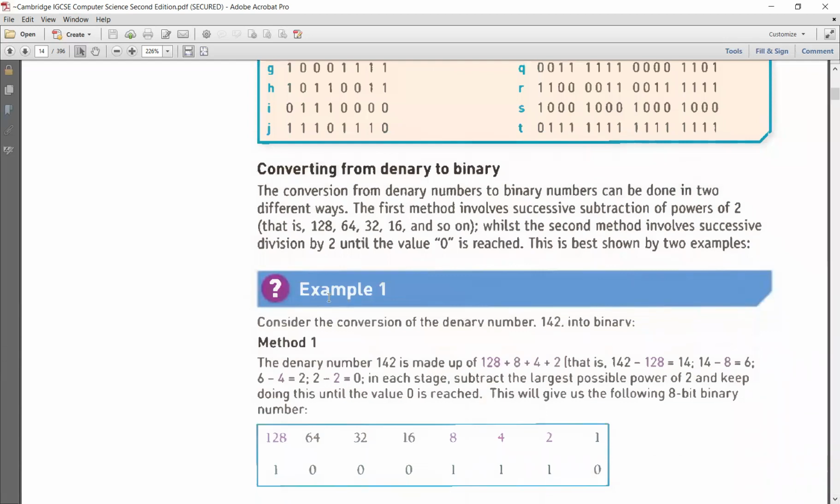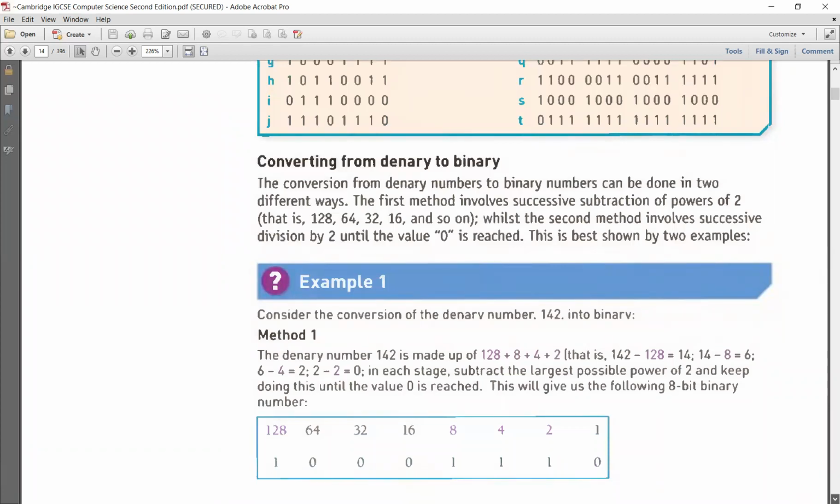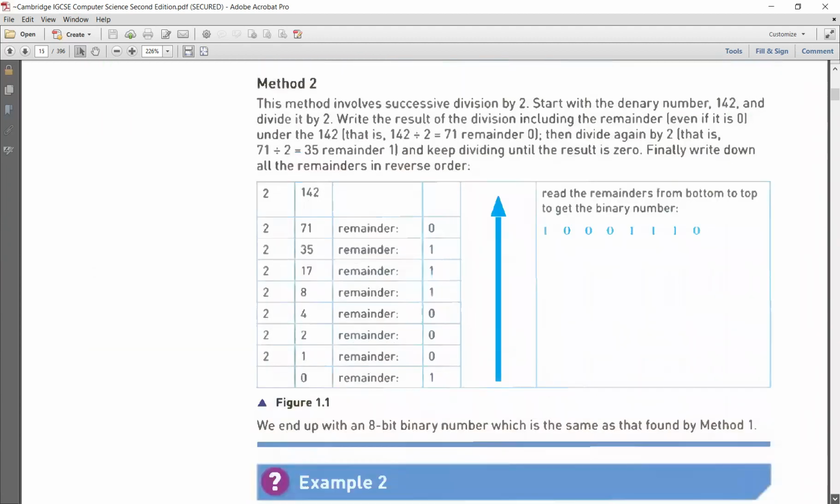Like for example, if I am asked to make the binary of 142, I will simply put 1 here, 128, and then subtract 128 from 142, and whatever is the result, I'll turn on all those bits that give me that value of 14, because 142 minus 128 is 14, and I'll find the binary for 14 very simply. That will make my conversion faster, quicker, and you can score full marks easily in these two conversions.